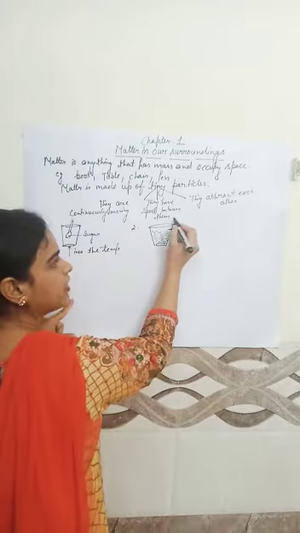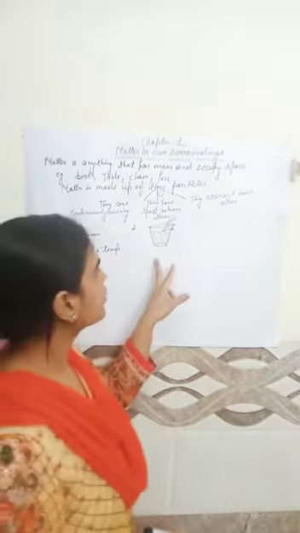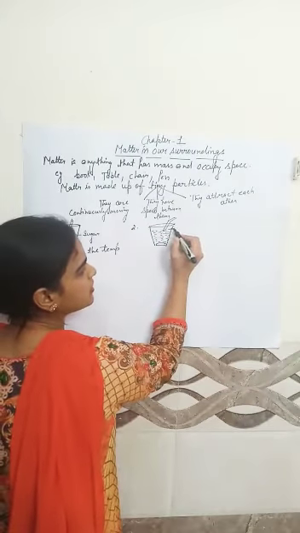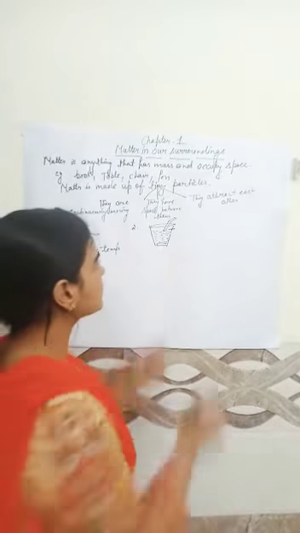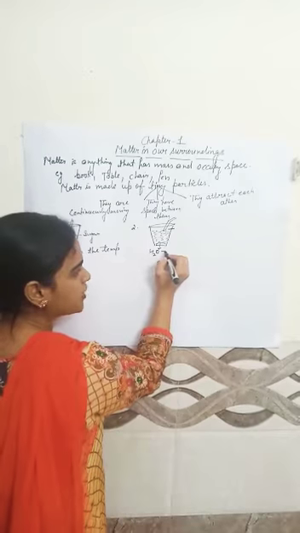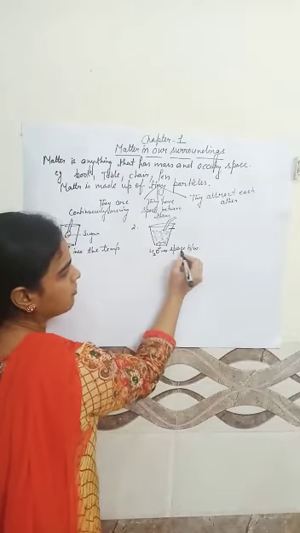If we add 2 spoons of sugar inside this glass of water, then there is no change in the level of the glass. That means the particles of water have space between them.